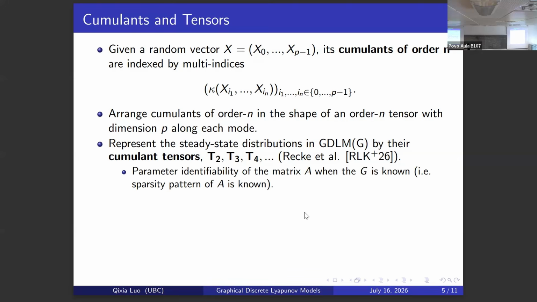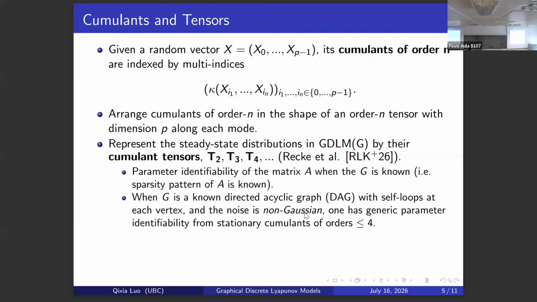Basically, the problem of parameter identifiability is this: when you're given a distribution from GDL(G) and you know the graph G, is it possible to uniquely identify the edge weights of the graph G? It turns out they discovered that non-Gaussianity is very important for identifiability to hold, and also somehow the graph having self-loops everywhere helps a lot.